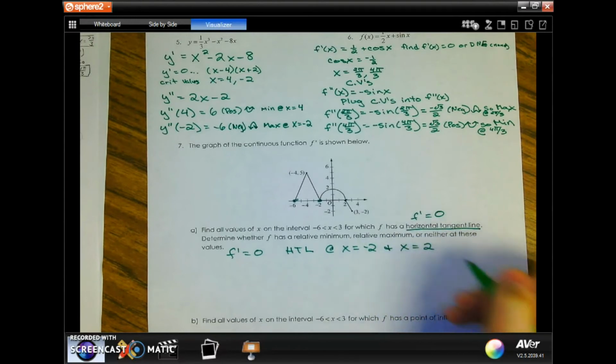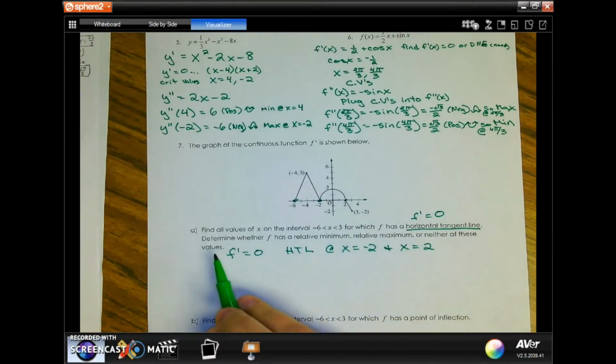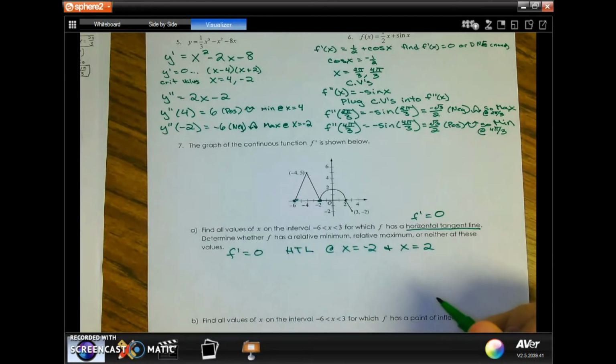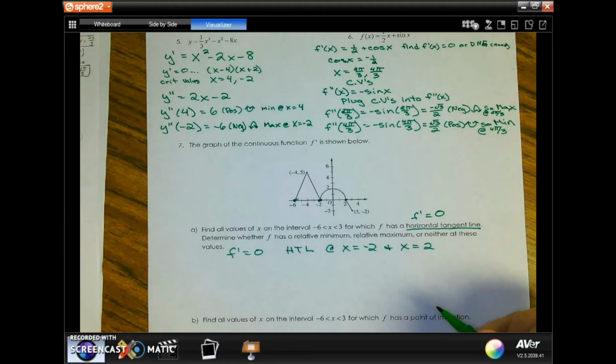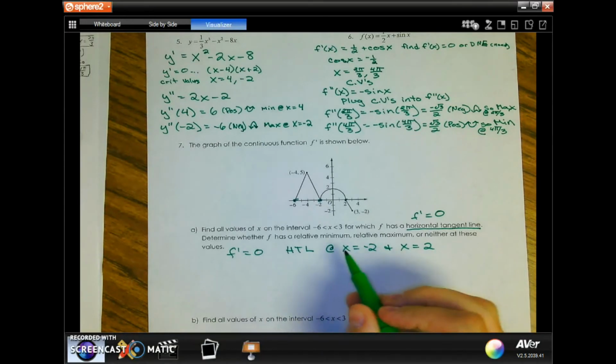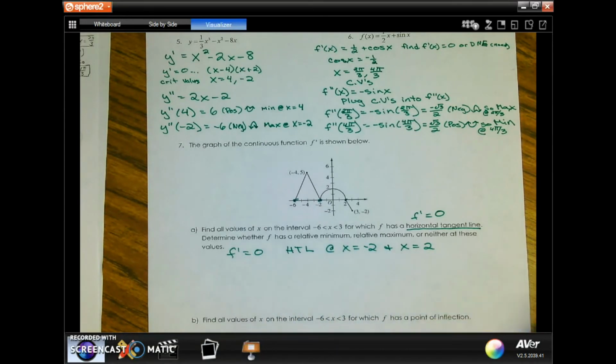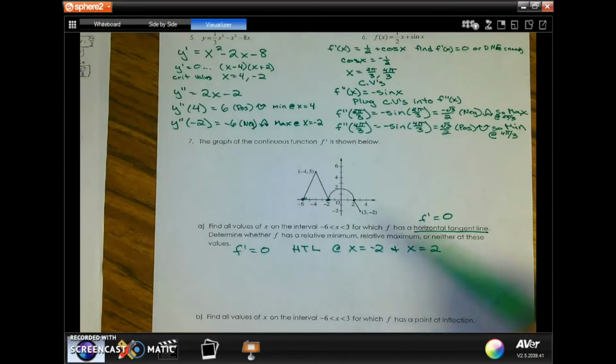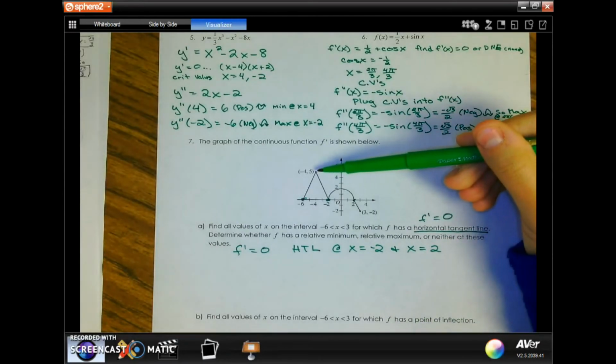x equals +2. And then it asks you furthermore, determine whether it has a relative max or min or neither at these values. Well, what you need to know is that we're really concerned about whether the derivative is going from positive to negative, or negative to positive. That's when you get maxes and mins. So to determine if you have a relative max or min at -2, you're concerned if the derivative goes from positive to negative.